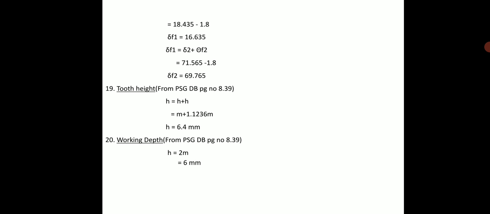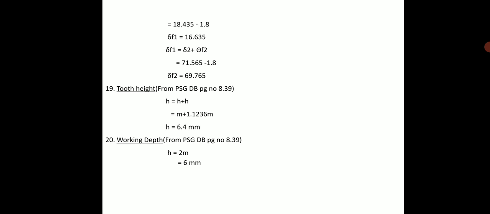Then dedendum angle, tan theta F1, using the same formula, theta F1 equal to theta F2 is equal to 1.8. Then tip angle, page number 8.39, we are getting delta A1 is equal to 19.93935 and delta A2 is equal to 73.065. The root angle delta F1 is equal to delta 1 minus theta F1. We are getting delta F1 is equal to 16.635, and delta F2 is equal to 69.765.